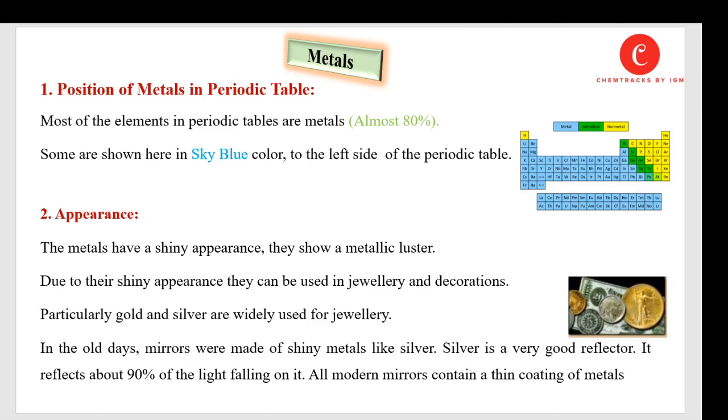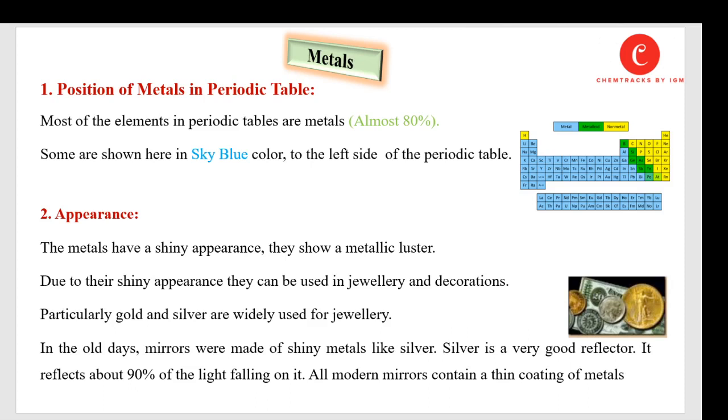The second feature of metals is their appearance. Metals have a shiny appearance. They show a metallic luster. Due to their shiny appearance, they can be used in jewelry and decorations. Particularly gold and silver are widely used for jewelry. In the old days, mirrors were made of shiny metals like silver.